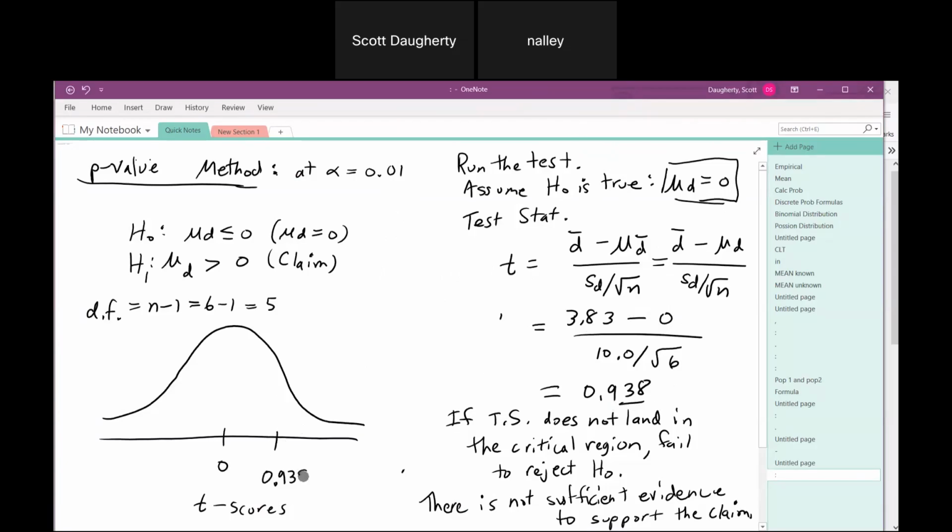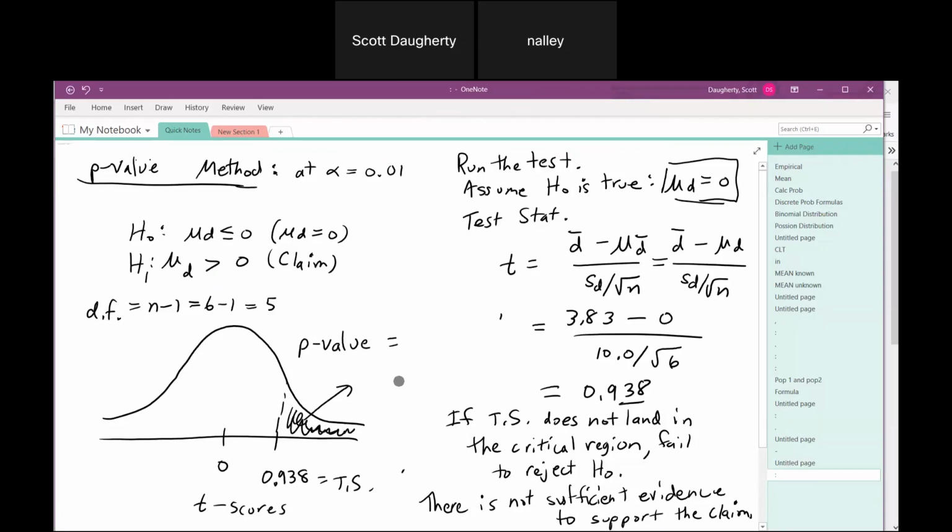So you locate the test statistic on your little distribution picture, and then find the area to the left or to the right of this test statistic, and that's all determined by which way this arrow points. This is a right-tailed test, so you're going to find the area to the right of the test statistic. We need to find out what this area is, and whatever that area is, that's the p-value.